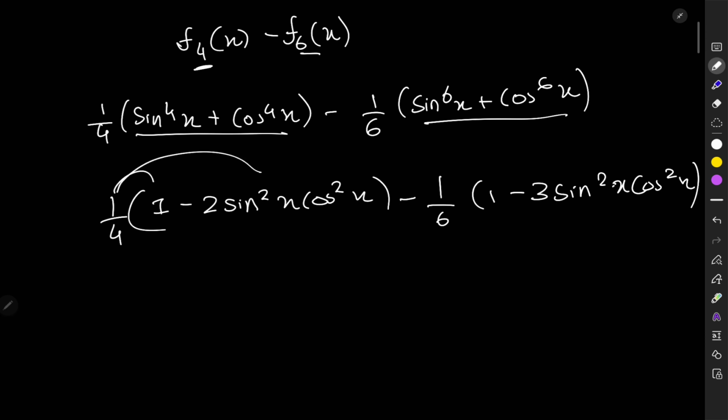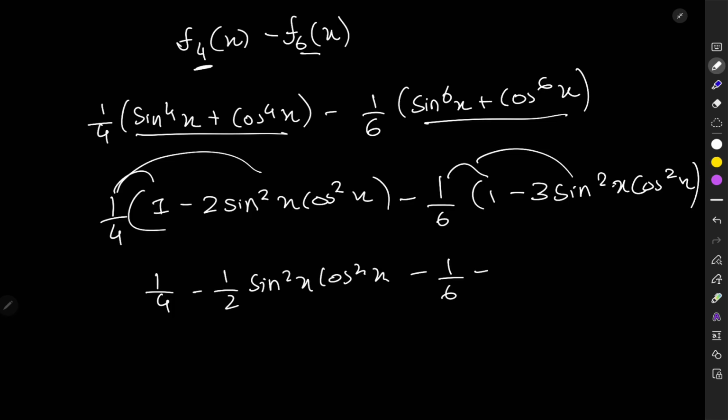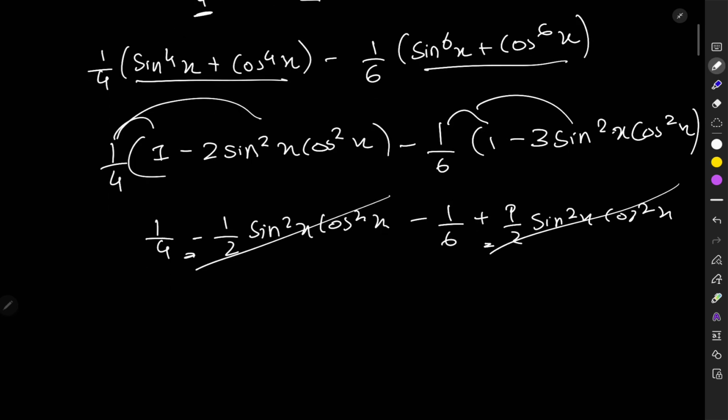I can bring these both inside, so I will get 1 by 4 minus 1 by 2 sine square x cos square x, minus 1 by 6 plus 1 by 2 sine square x cos square x. Here there is minus, here there is plus, so this and this will get cancelled, and finally I will end up in this equation, 6 minus 4 over 24, right? So 2 by 24, which comes out to be 1 by 12. This is a simple question.